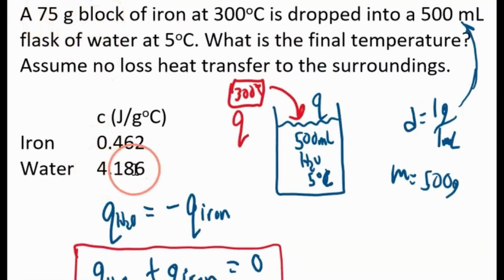And the heat capacity of water is so much higher than iron that it doesn't take much energy to cool this iron down. The iron is going to cool down a lot faster than the water heats up. The iron will cool down and heat up faster. If it needs to heat up, it'll heat up faster.